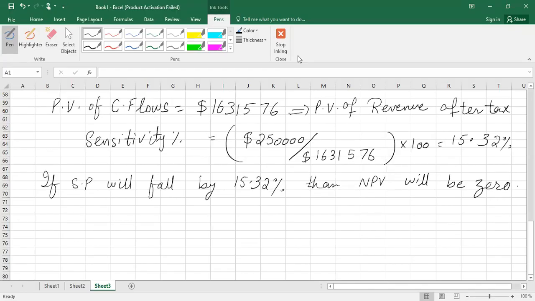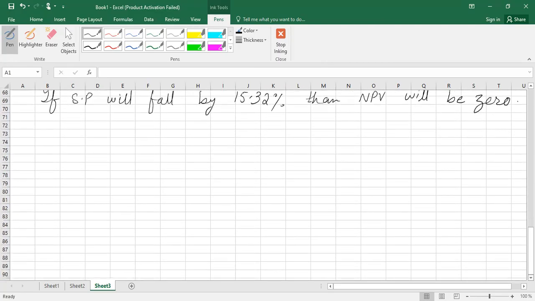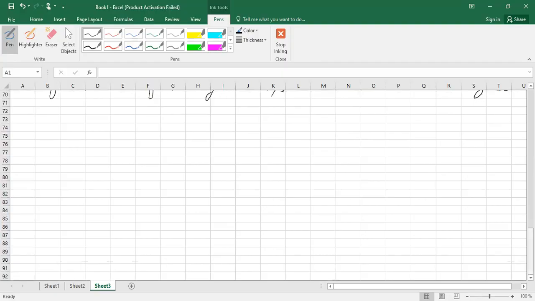Suppose you are required to calculate the sensitivity of the variable cost. Any question before moving to variable cost? Okay. So how to deal with the variable cost? The pattern is the same, but definitely variable cost is a cost. So that's why there will be no payment of taxation.